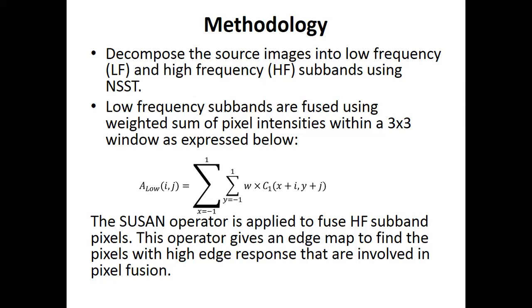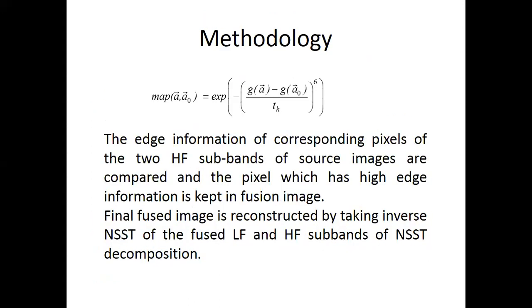This operator gives an edge map to find the pixels with high edge response that are involved in the pixel fusion. So this is the formula of the Susan operator. Then the final fused image is reconstructed by taking the inverse non-subsampled Shearlet transform of the LF and HF subbands of the NSST decomposition.